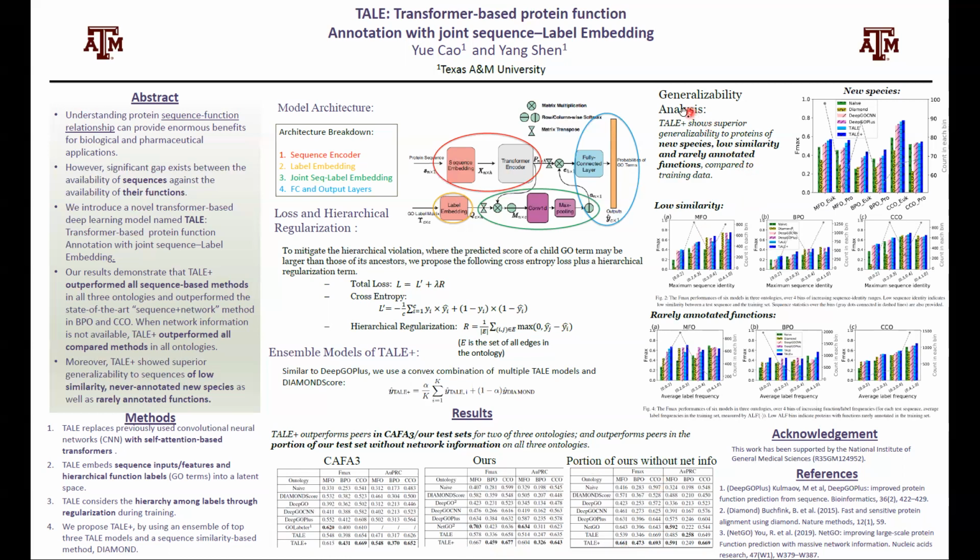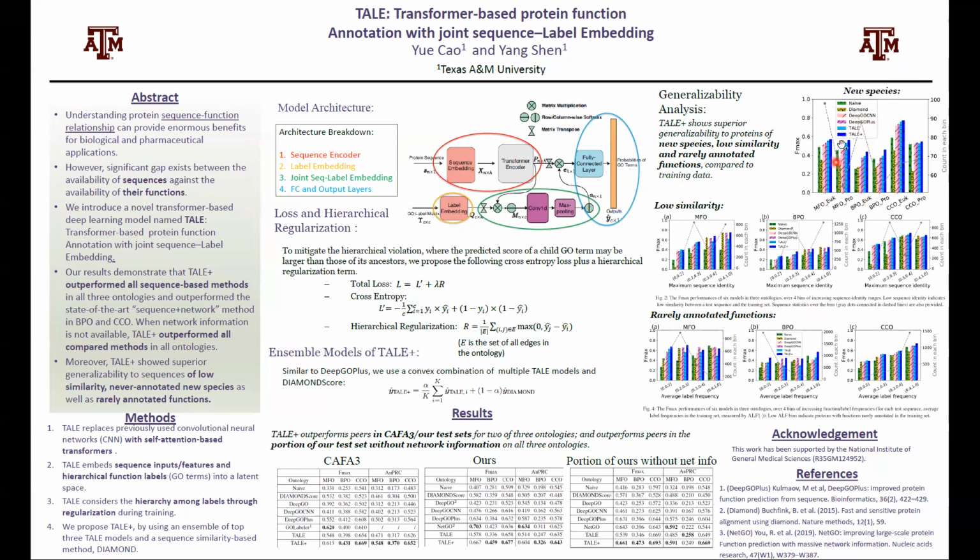Secondly, we will show the generalizability analysis. Specifically, we'll show the generalizability analysis to the proteins of new species, low similarity, and rarely annotated functions. First, on the new species, we compare TAIL and all its competitors, including Naive, Diamond, DeepGOCNN, DeepGOPlus, on all of these six splits.